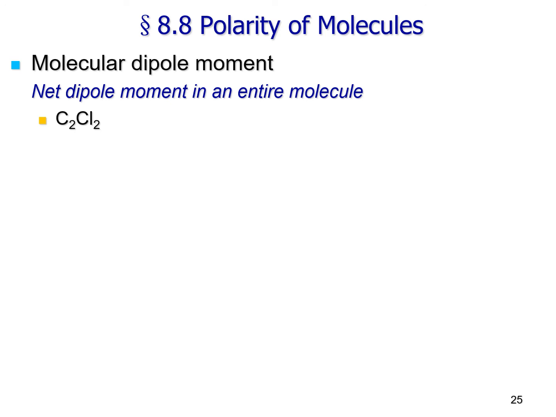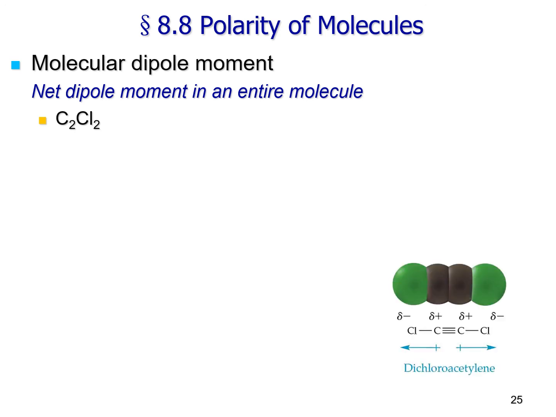For example, C2Cl2. According to our nomenclature, we call it dicarbon dichloride. This is how the molecule looks after we practice Lewis dot structure and VSEPR theory. Remember, we have a subscript of 2 on carbon, which is the central atom.